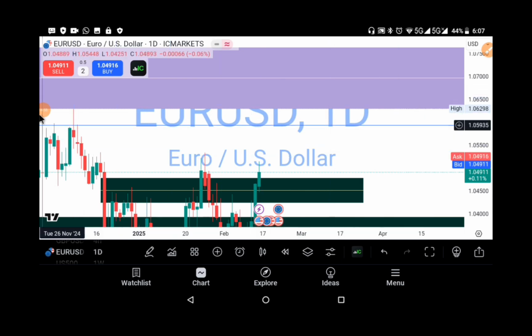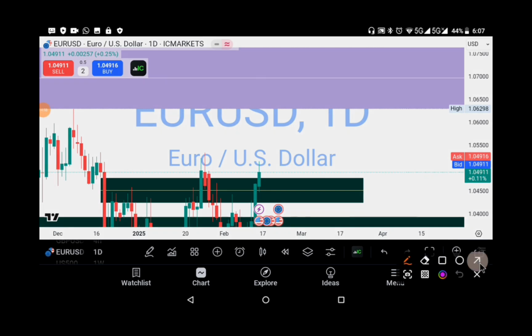And I'll be watching up to the consequent encroachment of this week, because it's also a premium array. So the consequent encroachment of this week falls around 1.06 thousand. So I don't just pick levels, I go with the algorithm. So these are the highs I will be interested in.